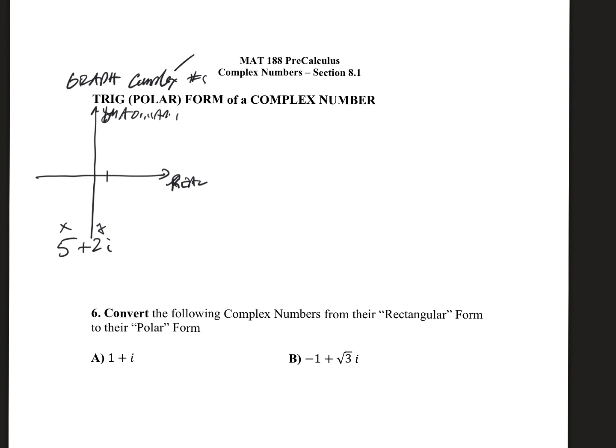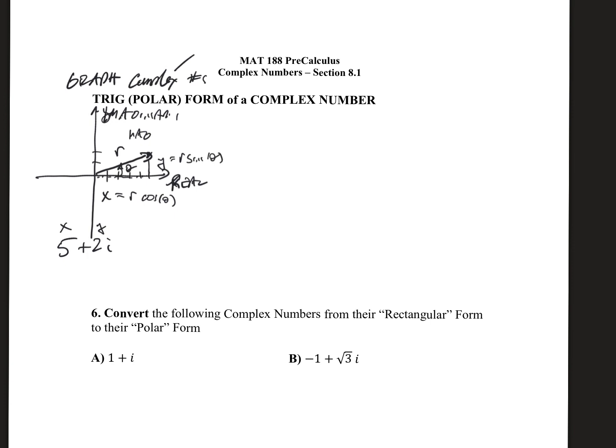When I plot this point in the complex plane, it's got some radius length to it, some distance, what we called magnitude earlier, and it's got an angle theta to give us direction. Like we saw in the last lesson, the x value is r times the cosine of that angle, and the y value is r times the sine of that angle.